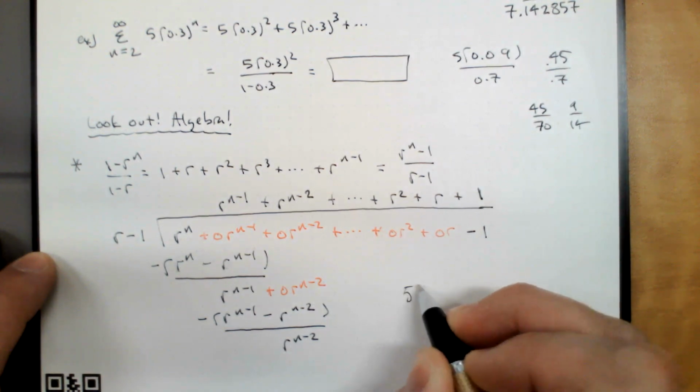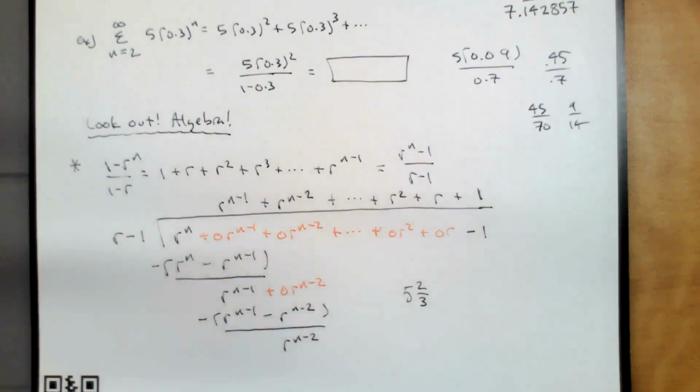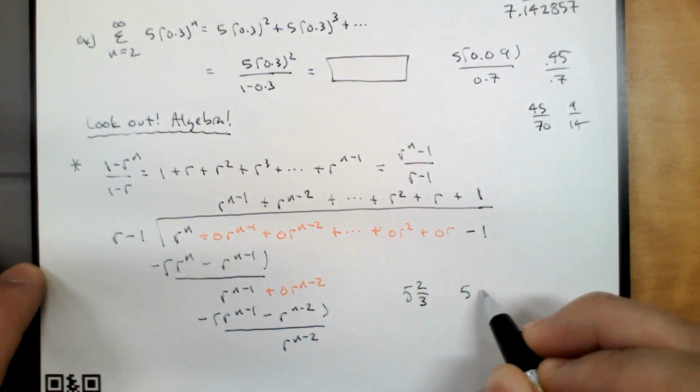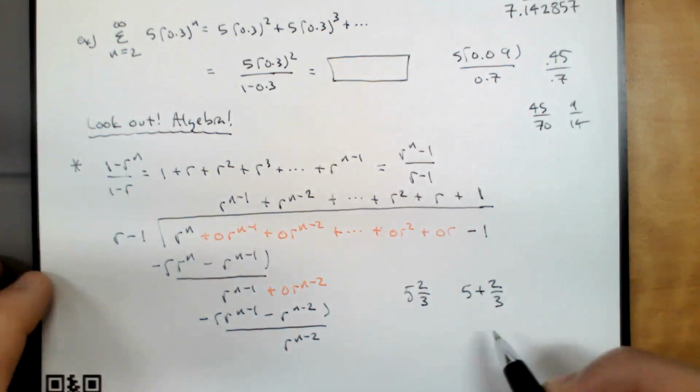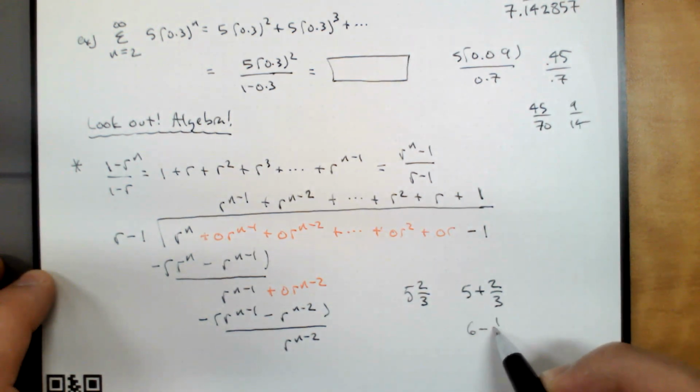When we write 5 2/3, that mixed number is a sum. That's 5 and 2/3, and "and" is just another word for plus. It would be helpful if, instead of saying 5 and 2/3, we said 5 plus 2/3. But so be it. This is the same quantity as 6 minus 1/3.